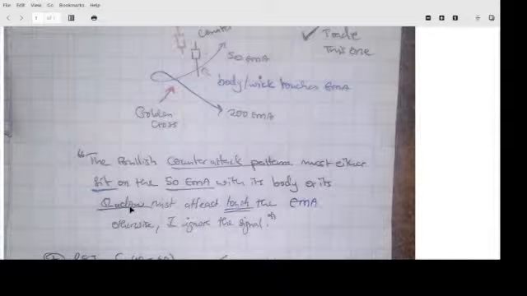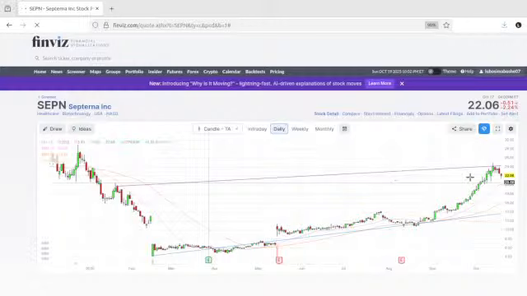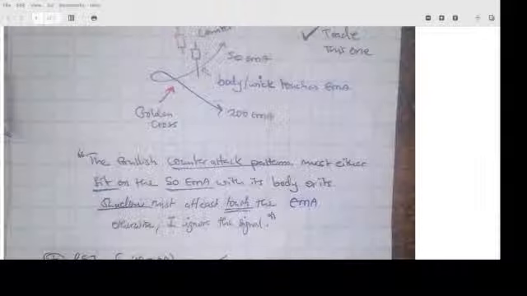So with its body or its shadow it must at least touch the EMA, otherwise I ignore the signal. So this is my trading rule. So my rule is this should touch. If they don't touch, then you end up with something called a random pattern, like here. All right, this is a random pattern. You see, it's not even touching any of the moving averages. So if you enter this trade, then you will lose. All right.